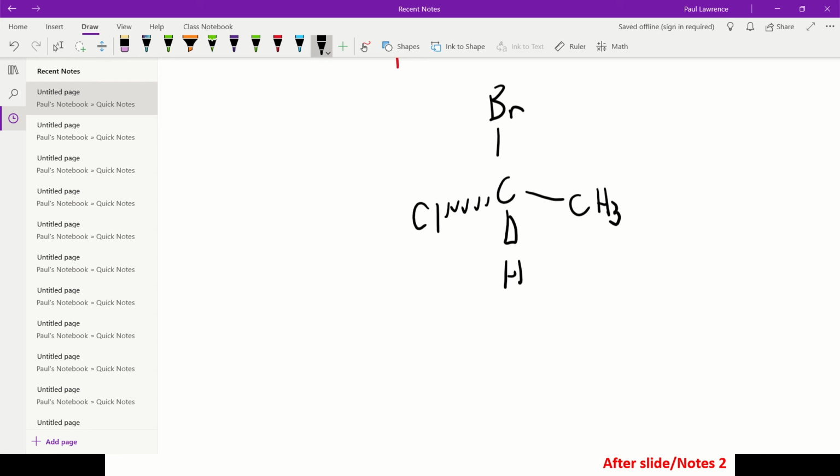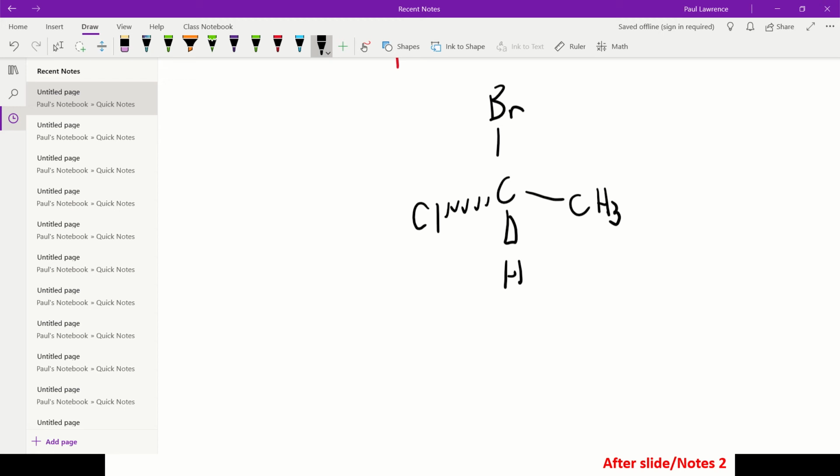Okay. So if this technique works for you, this is great. What you're going to do is grab the bromine with your hand, and you're just going to spin the whole molecule by grabbing onto the bromine. So look at the bromine as like a handle or a knob. You're grabbing it and you're spinning the whole molecule.